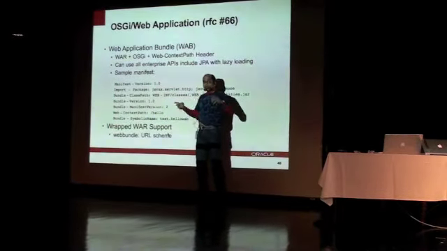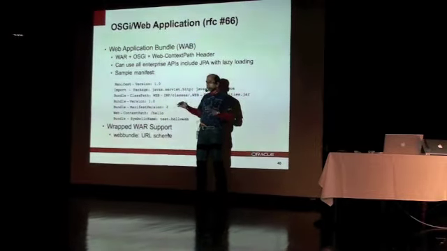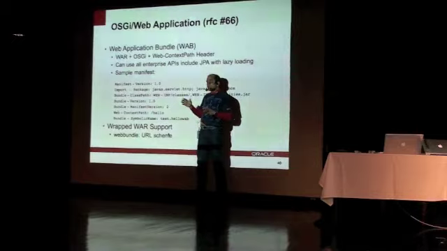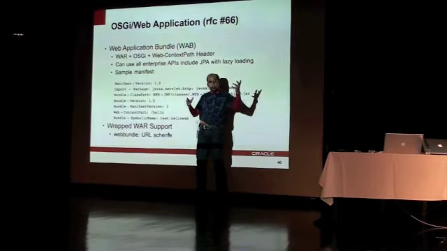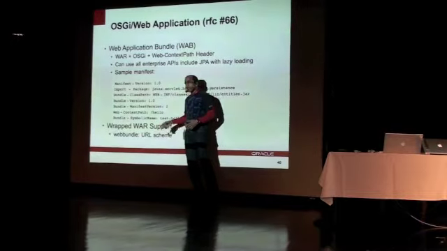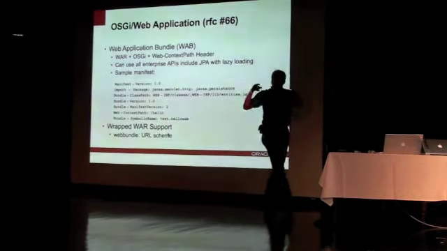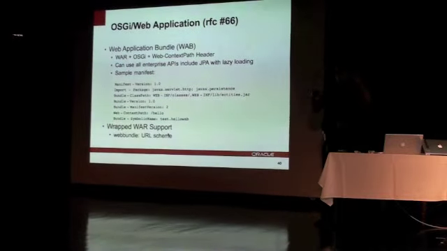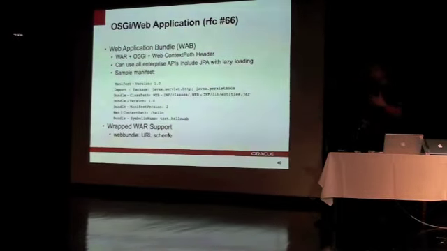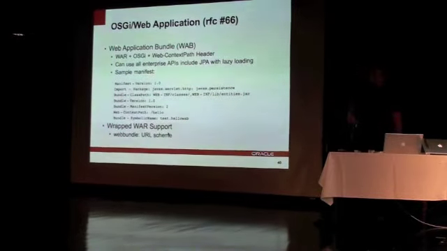So let's imagine my OSGi jar has a servlet in there and a bunch of other files, and I want to expose this at a particular URL. I just put the web context path at this URL, and I deploy that. So now you have a hybrid application exposed as an OSGi bundle, going through all of those lifecycle management events that I talked about, and also exposed as a WAR file.